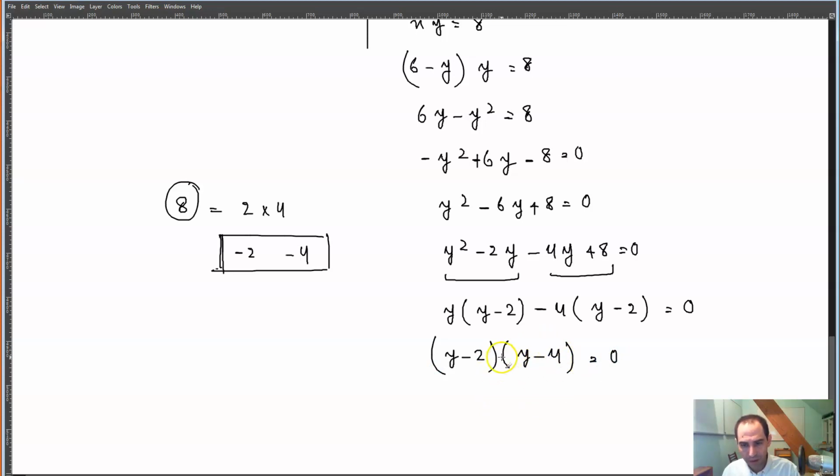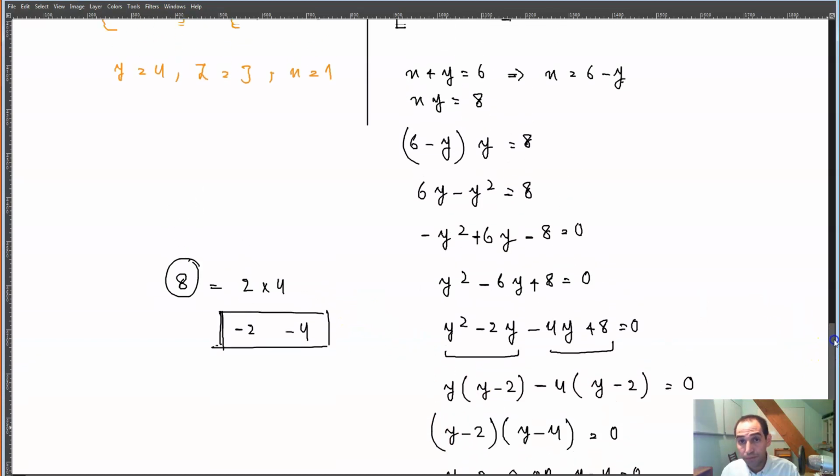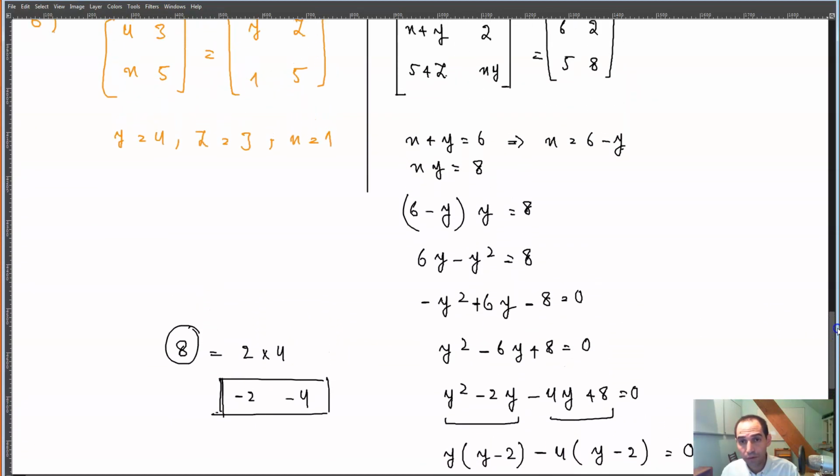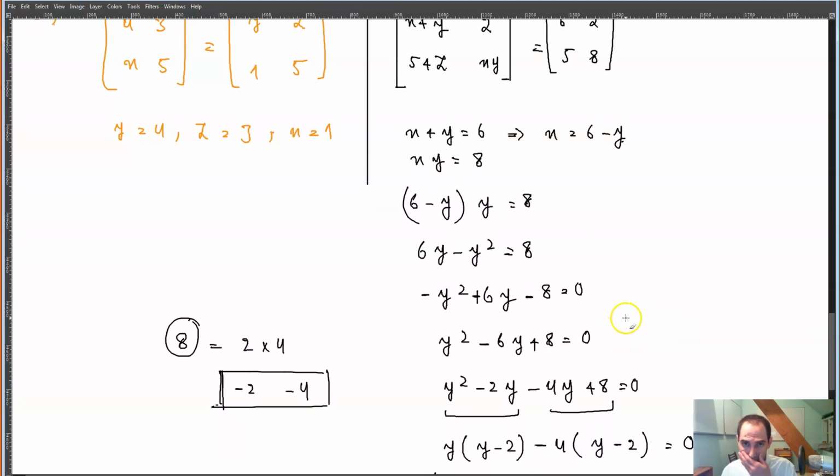That means that either y minus 2 is equal to 0, or y minus 4 is equal to 0. This means that y is equal to 2 or y is equal to 4, right?